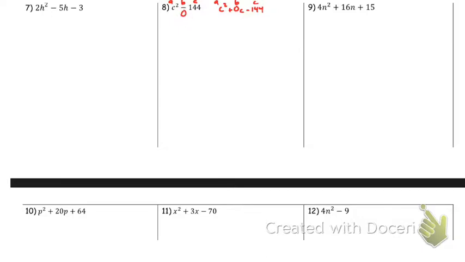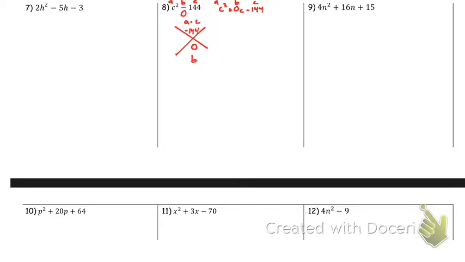So what does that mean? In this case, we're doing the X method because we have an A value of 1. So A times C is still 1 times negative 144, so it's negative 144. My B value is 0. And what makes it cool when your B value is 0 is that whatever I multiply, whatever I add has to eliminate each other.